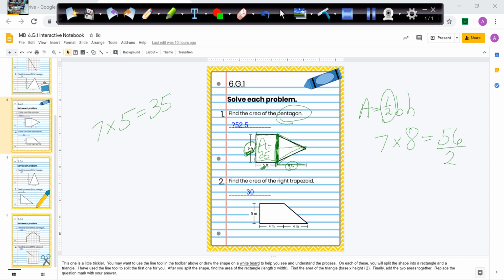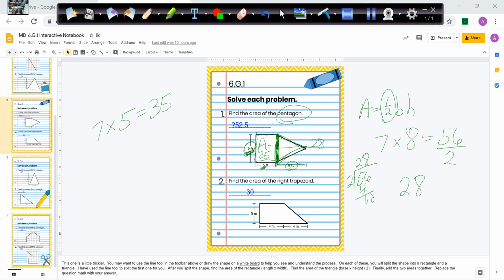So what is 56 divided by 2? If you put that in your calculator, you will get, let me make sure that's right because I don't have my calculator right here. Yep. Okay, so you'll get 28. So the area of this triangle is 28.